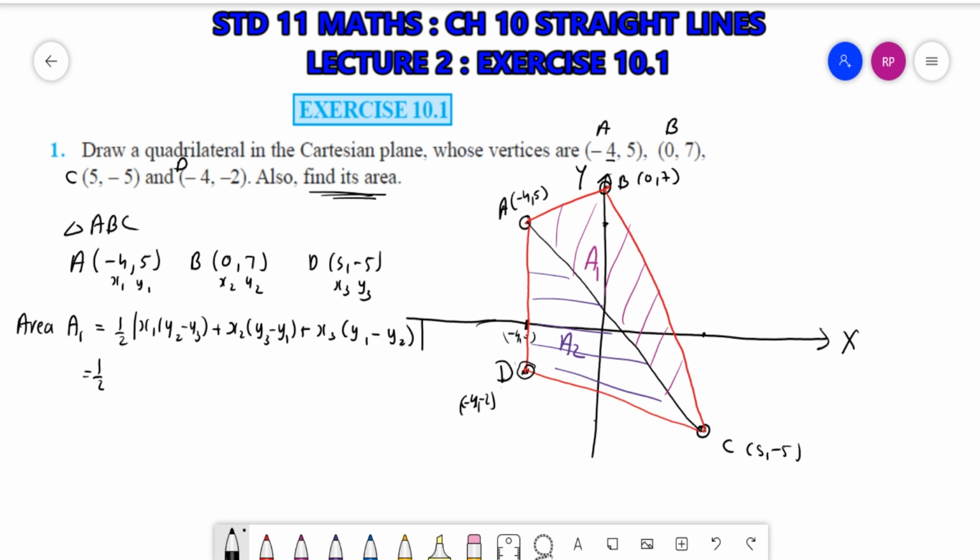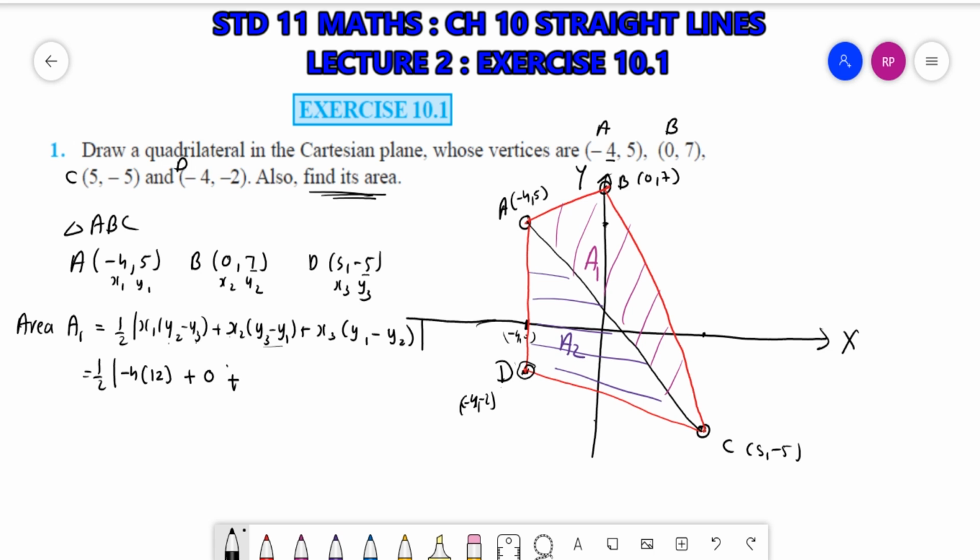This will be equal to half of x1, that is minus 4, times (y2 minus y3), meaning 7 minus minus 5, that is 7 plus 5, 12, plus x2, that is 0. Whatever I multiply, this will be 0, so no need to write y3 minus y1.